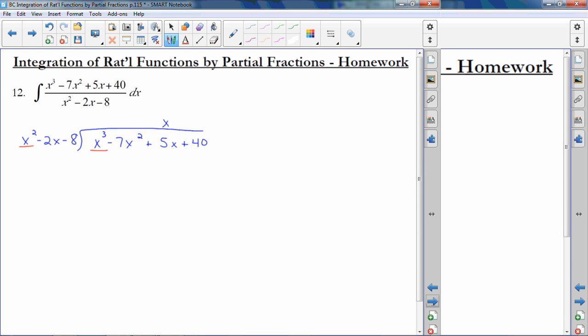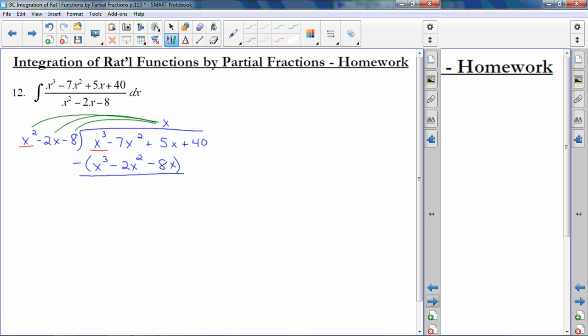And then you multiply x times each of these. That's what goes underneath. And then we'll subtract. For x times x squared, we get x cubed. X times negative 2x, and we get negative 2x squared. And x times negative 8 is negative 8x. And we'll subtract. X cubed minus x cubed is 0, which is good.